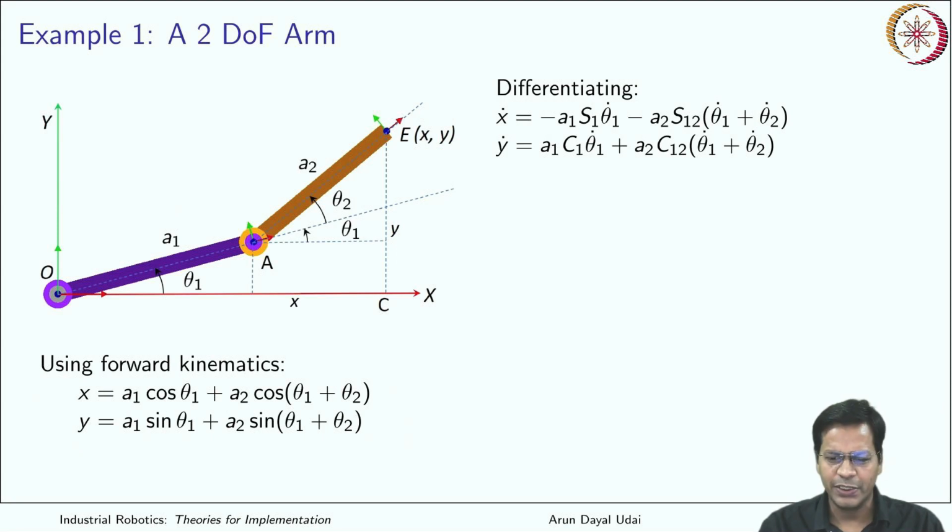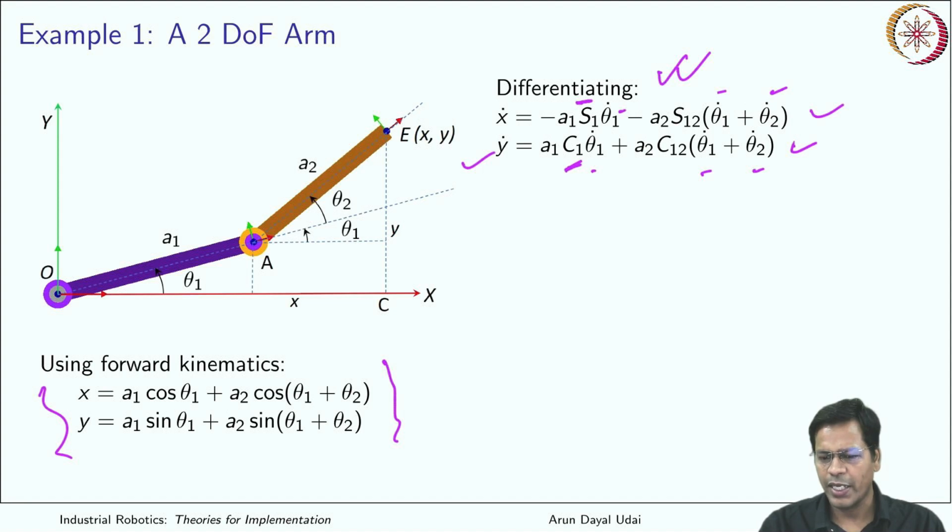Okay, so by differentiating these two equations, what do we get? We get x dot is equal to this, y dot is equal to this. Got it? So you find theta 1 dot and theta 2 dot all over here, with sine theta 1 here, cosine theta 1 here, cosine of theta 1 plus theta 2 here, sine of theta 1 plus theta 2 here.